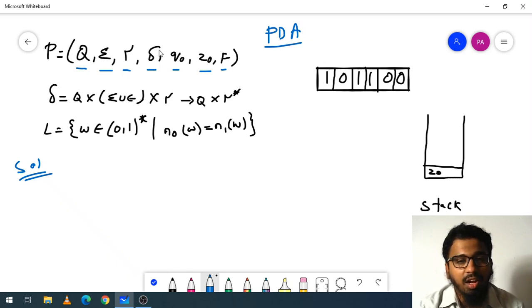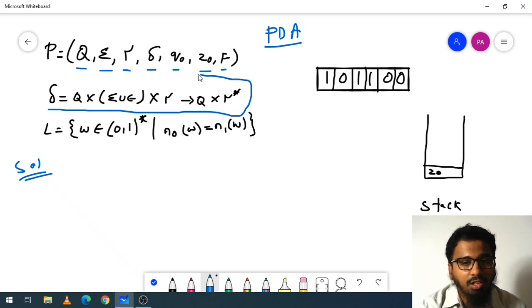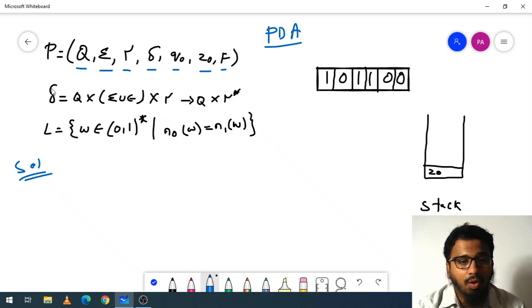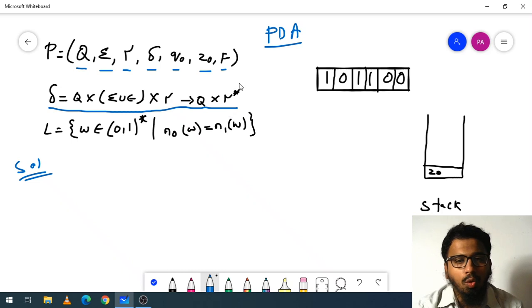And delta is the transition. For the transition, this is the condition: delta is equal to Q cross sigma union epsilon cross tau, and here we will get Q cross tau star.